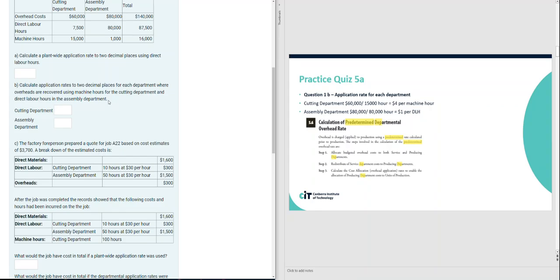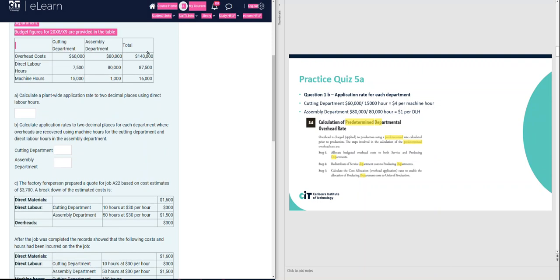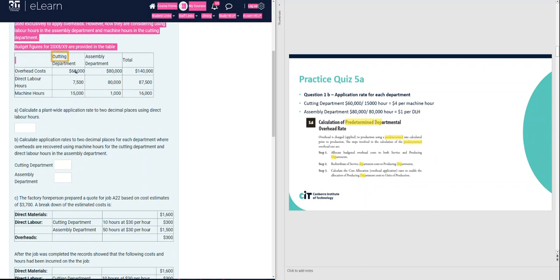Now, first let's look at the cutting department that uses machine hours. The information is shown here. In your cutting department, your overhead cost is $60,000, and what is your driver?